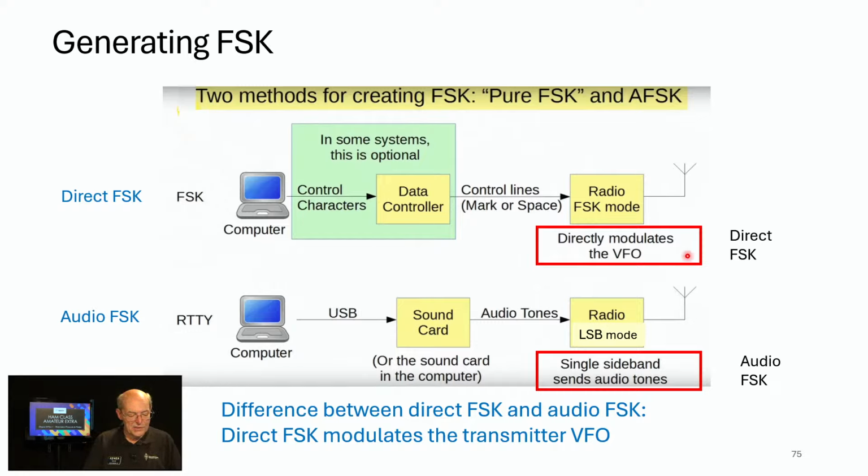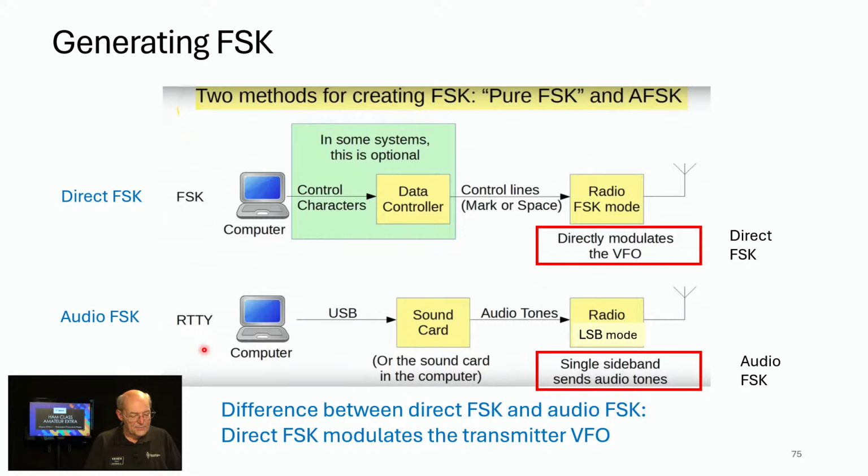It directly modulates the transmitter oscillator, the variable frequency oscillator. This is called direct FSK because we're directly shifting the frequency, directly changing the oscillator. The other one is called audio FSK. This works completely different, but when it's set up correctly, it works exactly the same. It sounds exactly the same as direct.